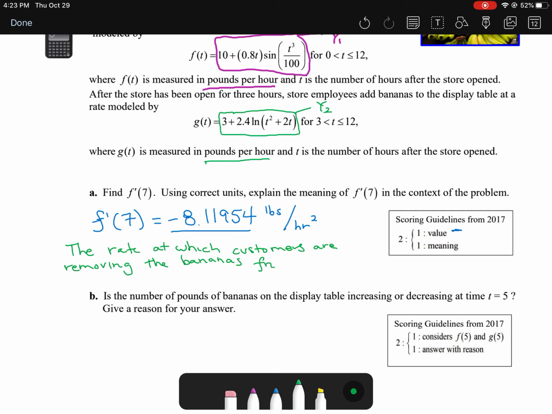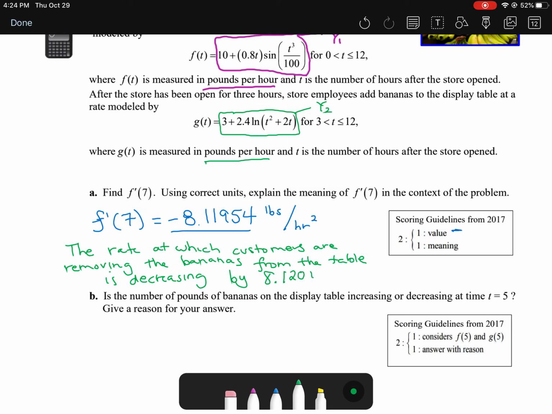And again, I'm just getting this wording from the problem. You don't overthink it. From the table is, okay, well, our answer is negative, so that means we know it's decreasing by, and again, now you just write the answer. Do not put a negative in there. And if you wanted to, you can round.